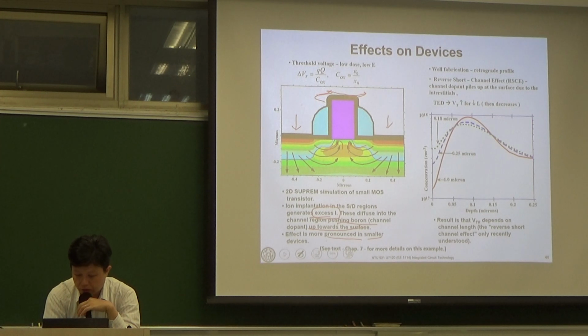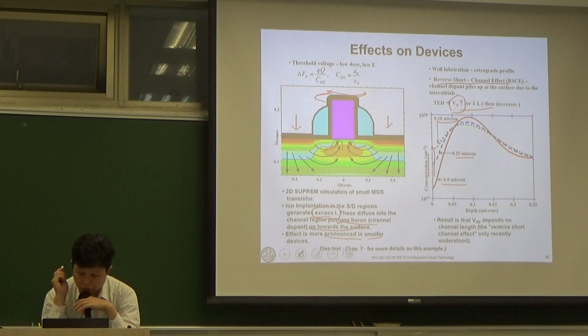So when we reduce this gate length, you can see that the channel dopant concentration will increase, and that will cause your Vt to increase for shorter channels. That's what we call the reverse short channel effect.